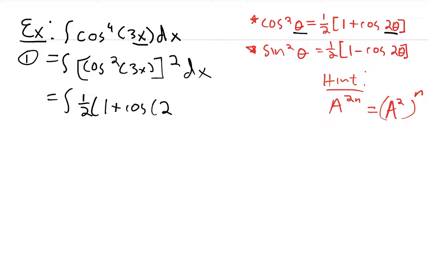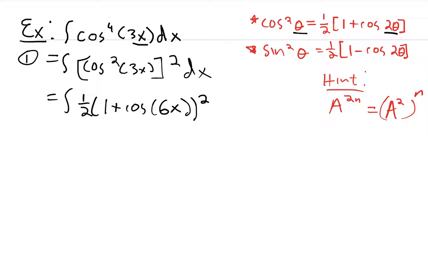If we start out with 3x, I probably want to double 3x. If I double 3x, I'm going to get 6x here. I'll save myself writing that step out again.